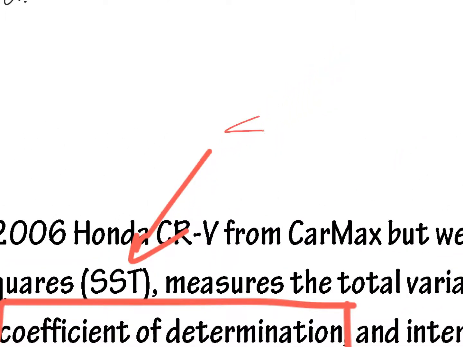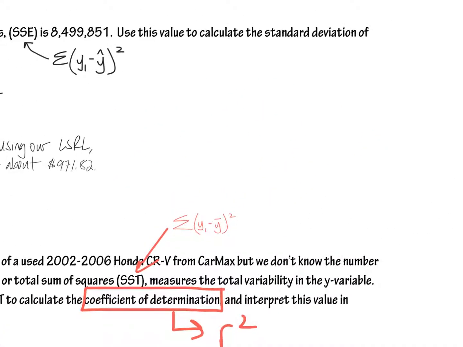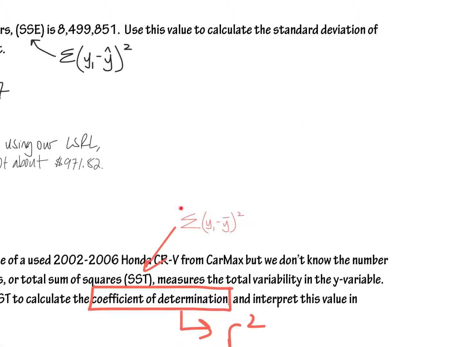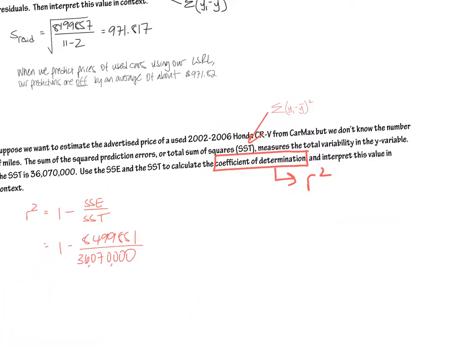It represents a sum also, but instead of taking the predicted values, we're taking the mean of all the y's. So very similar, but a key important difference. Compare this, which is the total sum, to the prediction error. So that's where those two numbers come from.